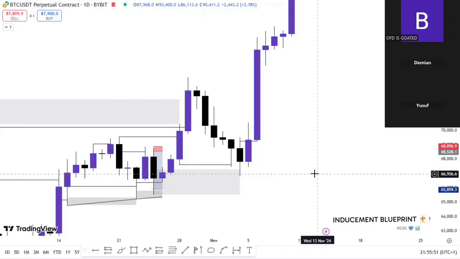So until you see a change of trend or a change of character, keep buying from your demand zones in an uptrend and keep selling from your supply zones in a downtrend. That's the simple logic behind it.